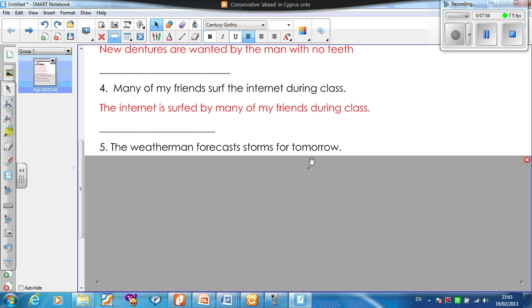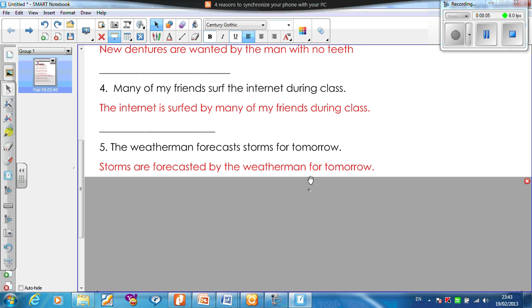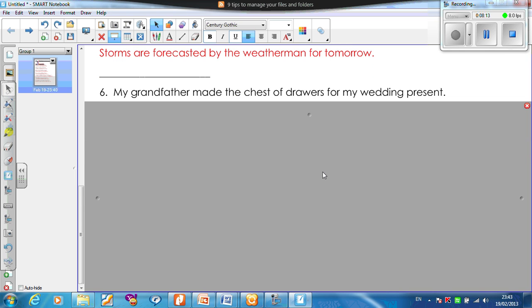The weatherman forecasts storms for tomorrow. Storms are forecasted by the weatherman for tomorrow. Sentence number 6. My grandfather made the chest of drawers for my wedding present.